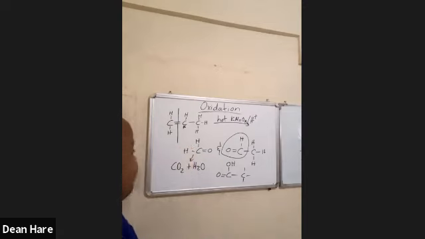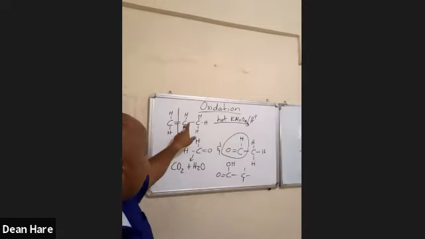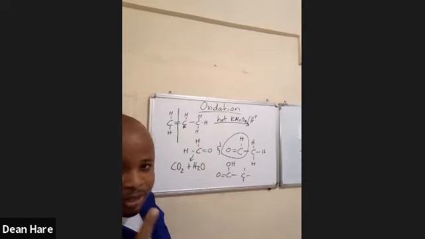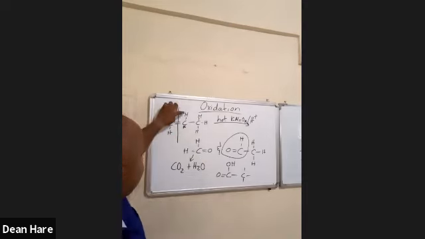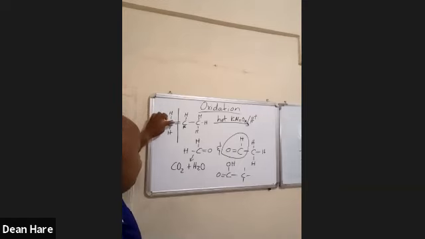And the only time this is going to happen is if the double bond is at the end of the compound. Because once it is in the middle, the carbon atom will not have two hydrogens on it. It will only have one hydrogen. So you will only get two hydrogens on the carbon if the double bond is at the end.